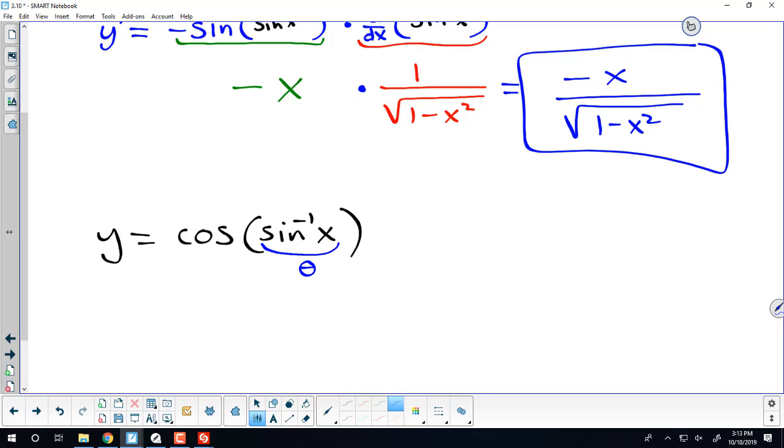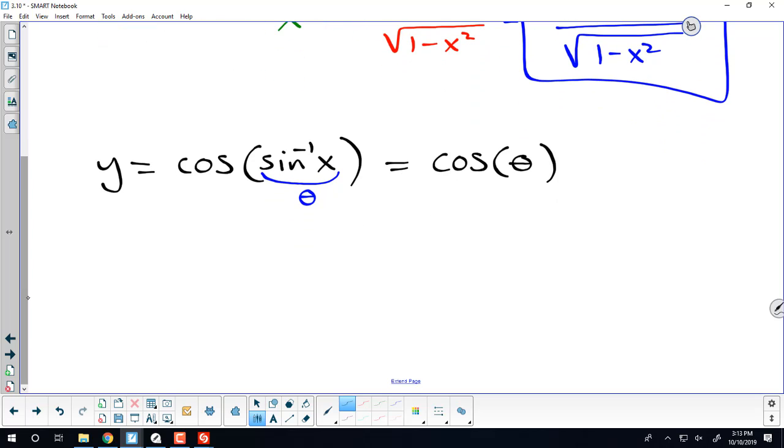Remember, the inverse trig functions output an angle. So y is really just the cosine of theta, where inverse sine of x is theta, which means that x is what? How do we undo the inverse sine? We take the sine. Yeah.